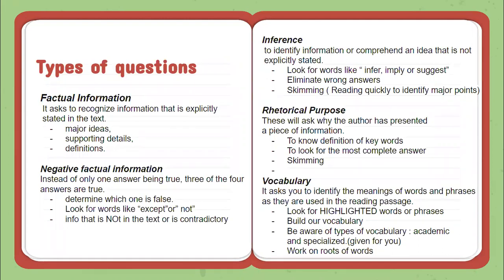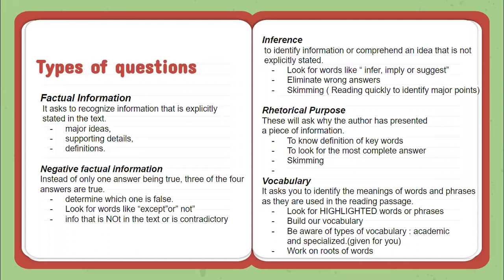You have to understand the question, the answer, and the text. Skimming will be a good idea. What is skimming? Reading quickly in order to identify major points. That's it. Inference, you have to understand. The answer will not be explicitly stated in the text.